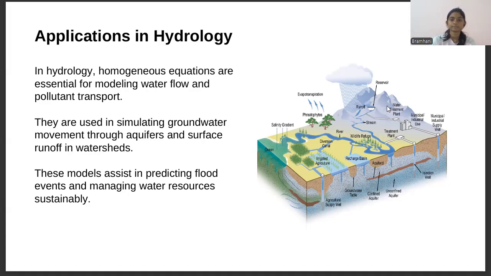So, in hydrology, homogeneous equations are essential for modeling water flow, meaning in which direction water will flow, as well as pollutant transport, groundwater movement, and runoff in watersheds.